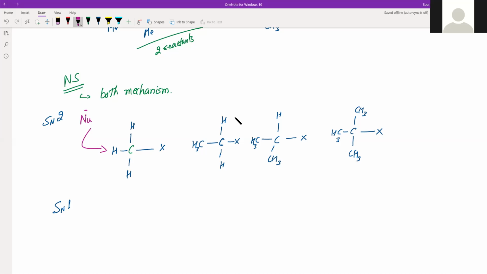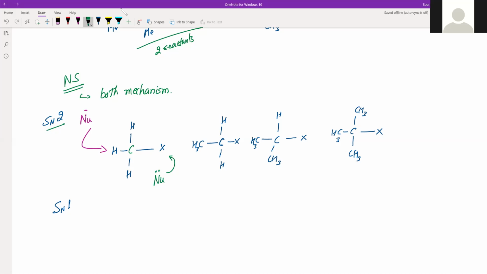In SN1, this nucleophile will be approaching from this side. This is the difference. So now we see that it will be easy from the opposite side of the halogen, that is, for SN2 it will be easy in the first one.